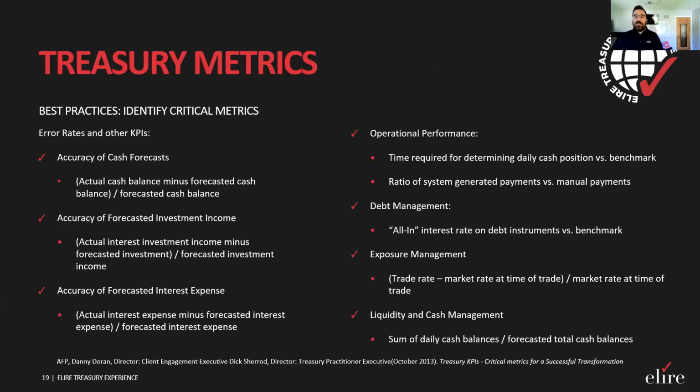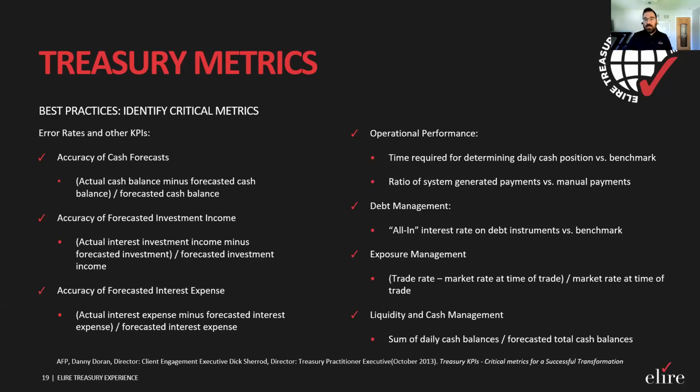So what type of treasury metrics do we actually look at? Here are some examples of KPIs that can be very beneficial when assessing your processes. When I think of error rates, I think of accuracy of cash forecasts, accuracy of forecasted investment income, accuracy of forecasted interest expense.